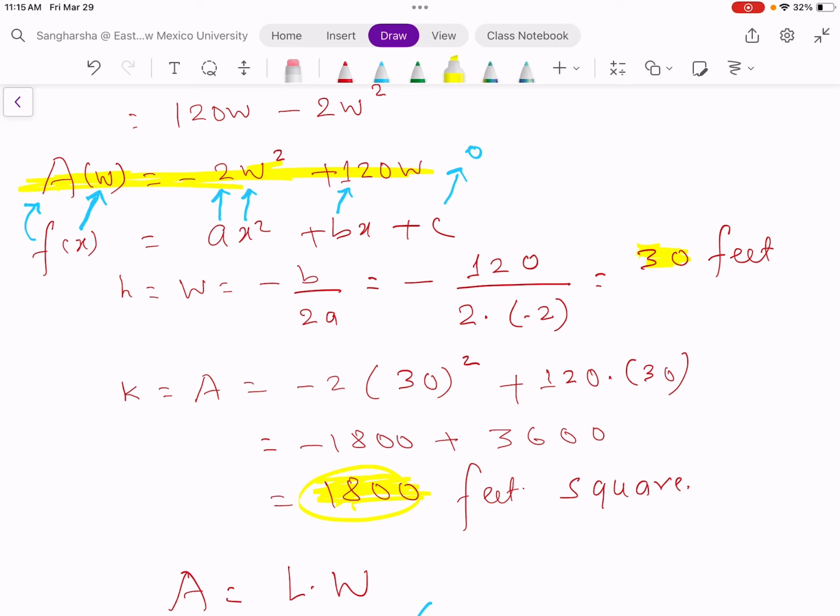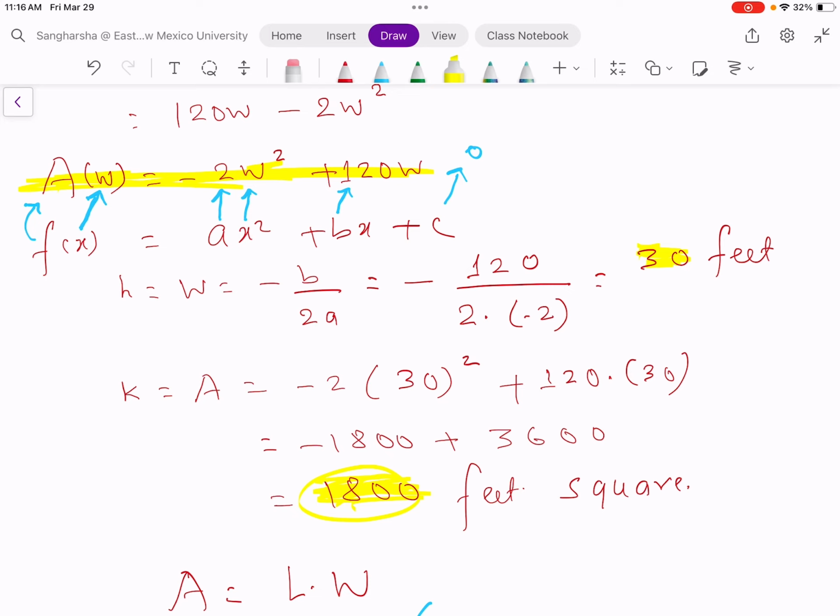One is finding the maximum or minimum of a real life problem. Second, you will be given a function, finding the vertex, axis of symmetry, drawing a graph, finding the x-intercept, y-intercept, increasing and decreasing intervals. And the third is rewriting the general quadratic function in standard form and finding the vertex. This is the third type of question that you need to practice for this exam.